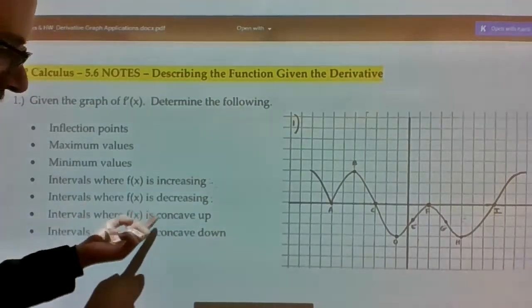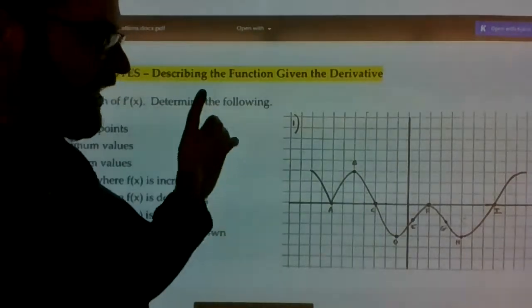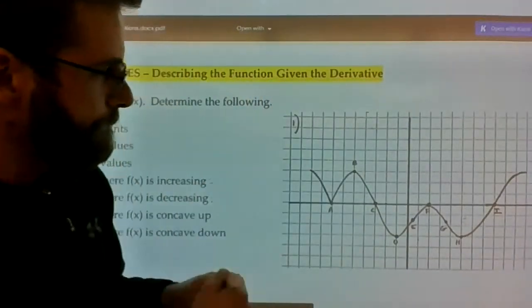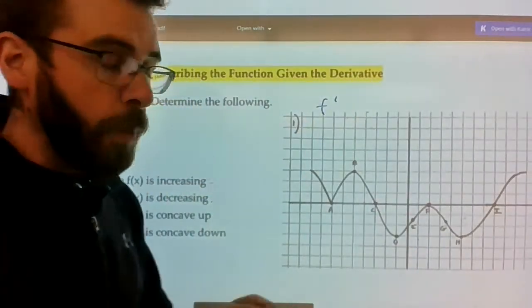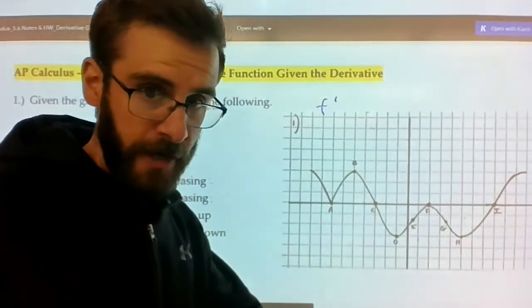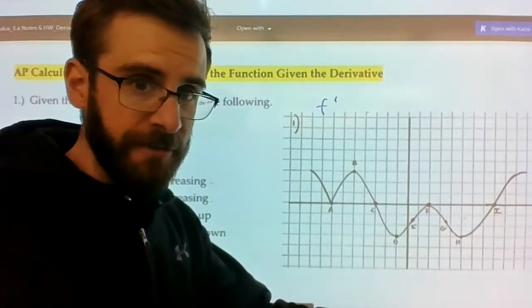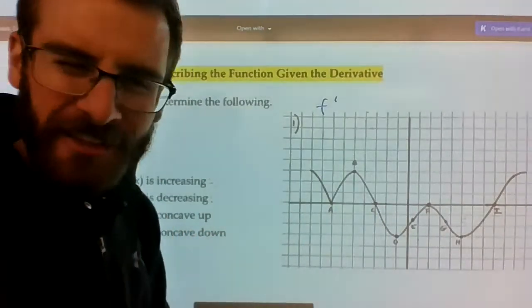And why? Because concavity is all about the second derivative. So, the derivative is what's given to us. We have to start talking about the derivative of this function right here. The derivative of the derivative is going to inform concavity. Sorry, I said that weird.